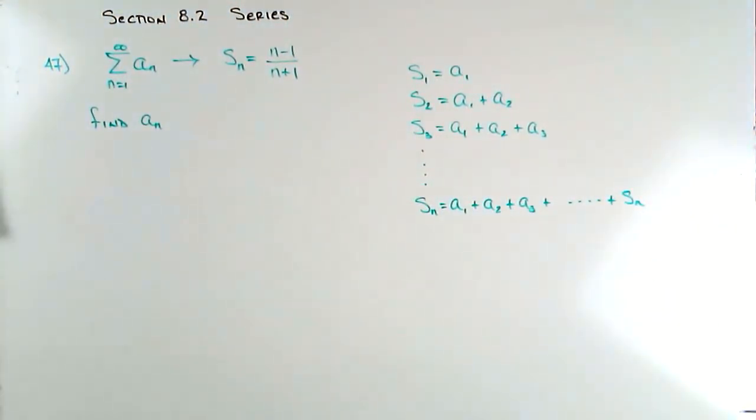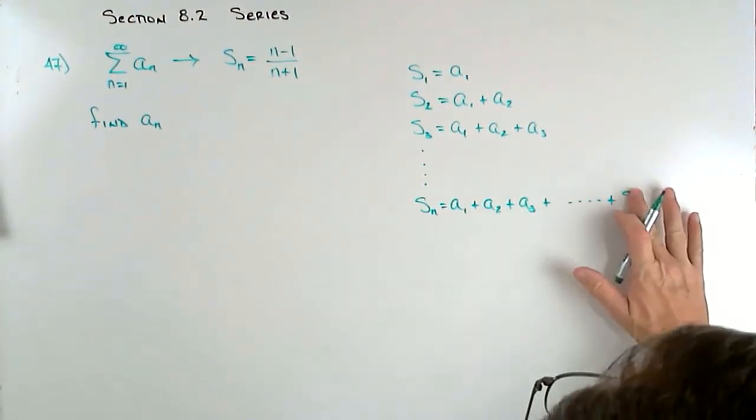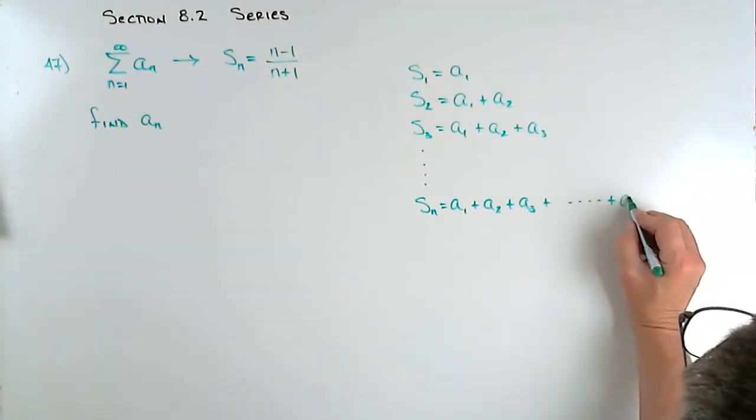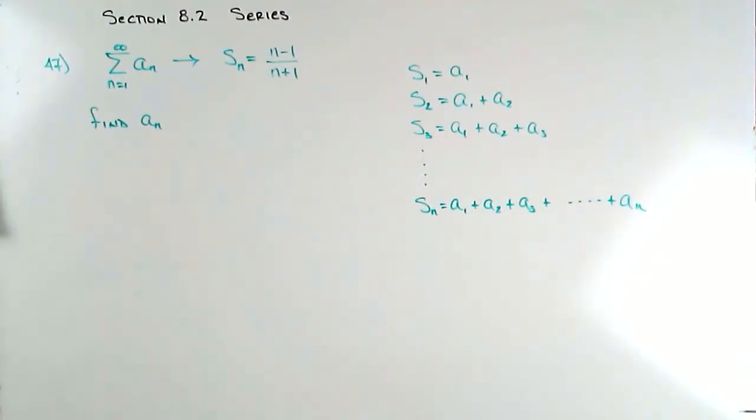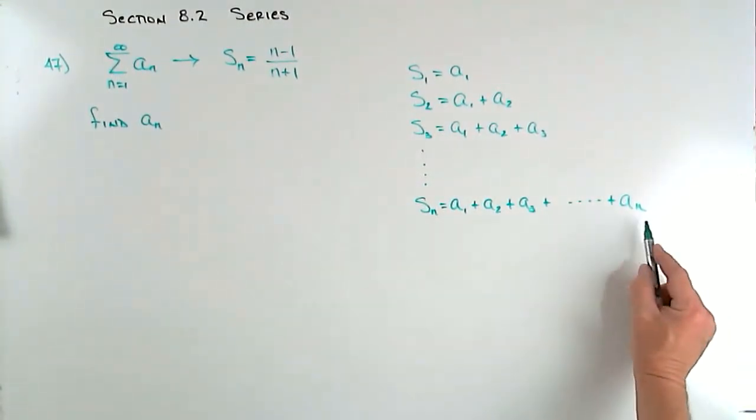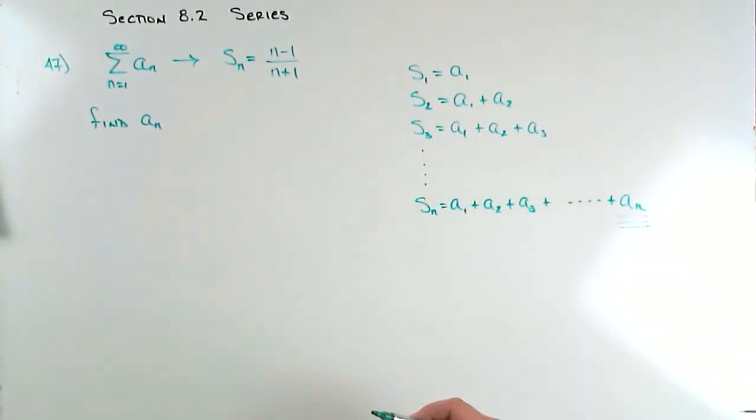That's S sub n. Now, that's the first place A sub n shows up in our list of partial sums.